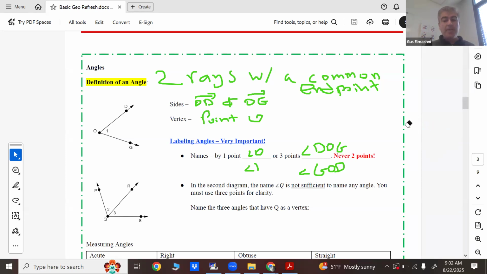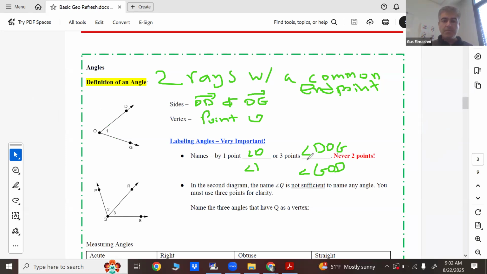But sometimes if you go with 1 point, it's still vague. Look at this one here. Nick, go ahead. If the angle was a right angle, for the 3-point name, DOG, would you put a right angle symbol in front of it? You mean like this? No, I mean where you wrote the name.